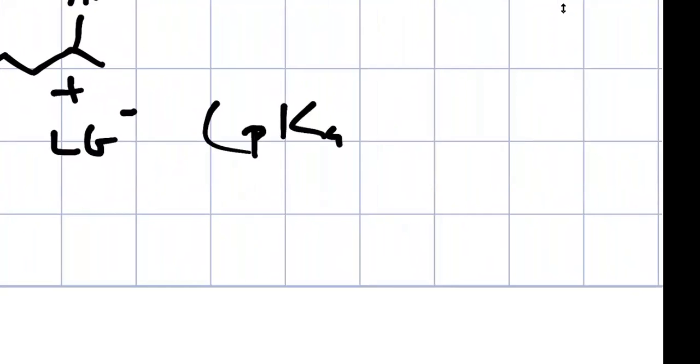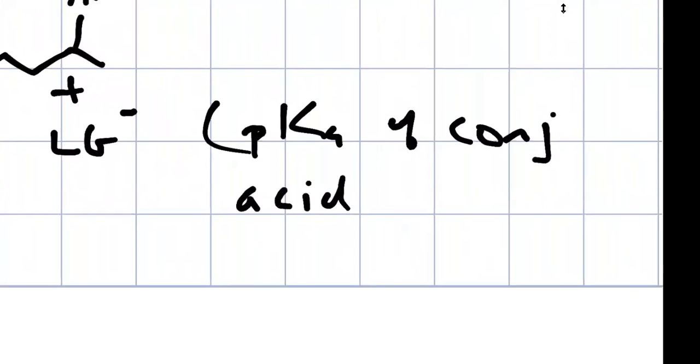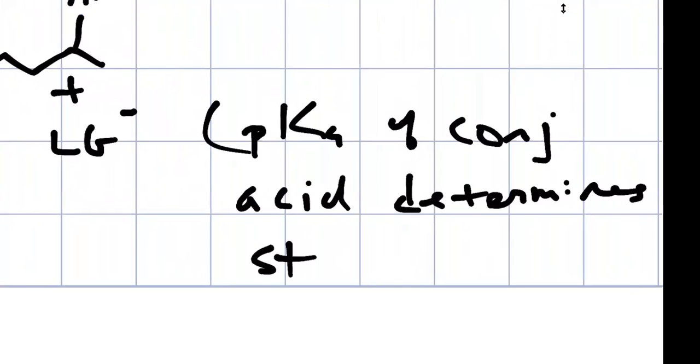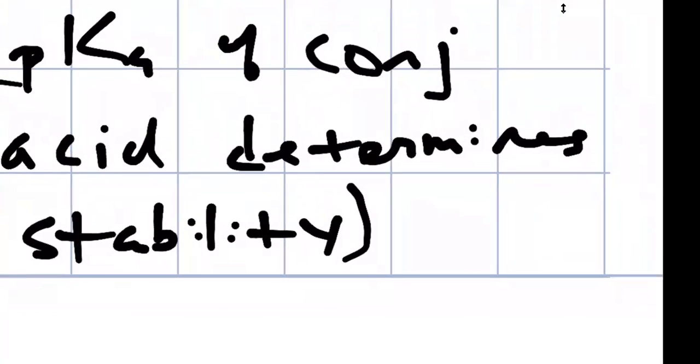Good. So the stability of that leaving group is based on how stable the conjugate acid of that leaving group is. And we're going to talk more about that when we do some other examples.